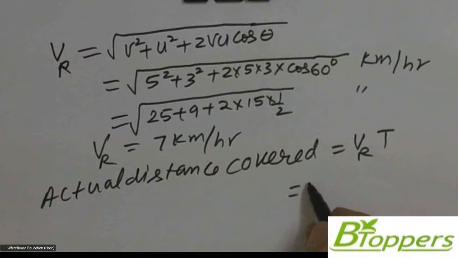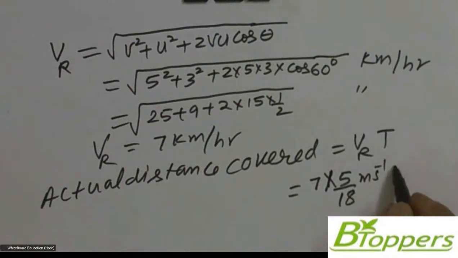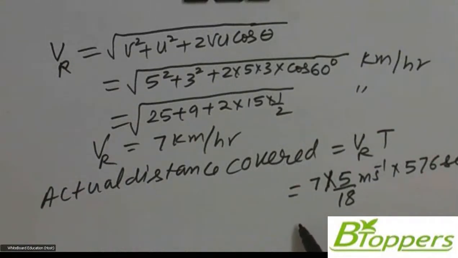So magnitude of the resultant velocity is 7 km per hour, or you can write it as 7 into 5 by 18 meter per second, into time taken to cross the river, 576 seconds. That's given in the problem. You can simplify this yourself, so you get the answer: 1120 meters or 1.12 kilometers.